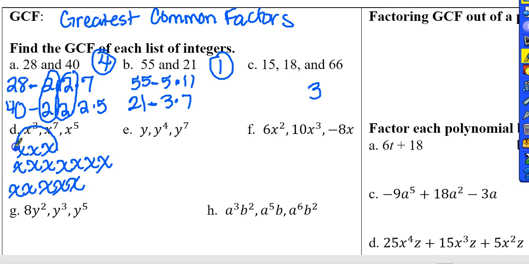So the greatest common factor is x cubed. They all have an x cubed to give. So what would be the fastest way? I like variables. They're easier to do. Yes? To look at the lowest exponent. Because this one doesn't have any more than 3 to give, but all of them have at least 3 to give. So what's our greatest common factor for E?